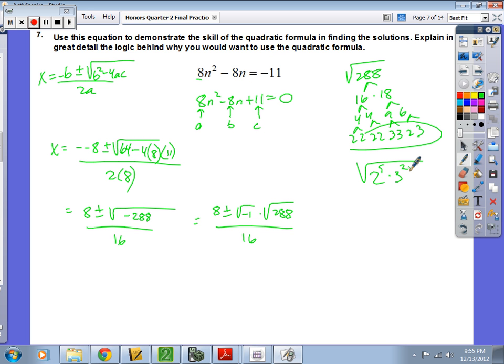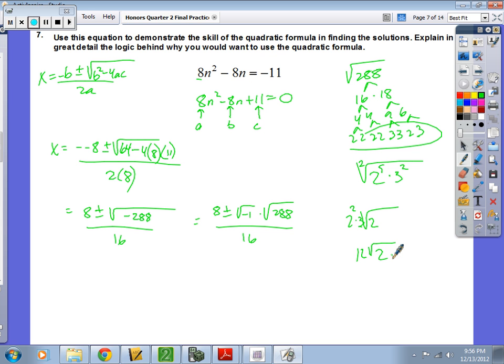Okay, now how many can I pull out? If it's square root, how many 2's are there in 5? So I'm going to pull out 2 2's. There's going to be 1 left over. And I'm going to pull out, how many 2's are there in 2? There's 1. I'm going to pull out a 3. So 2 squared is 4. 4 times 3 is 12. So we're going to get 12 times the square root of 2.